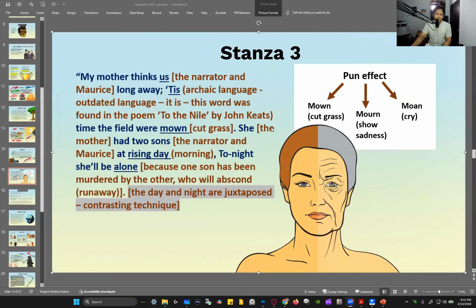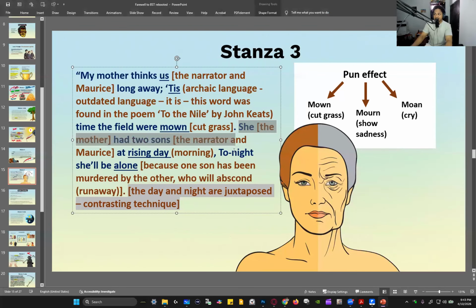But now Sadinsa told you the technique is juxtaposition, right? What do you mean by juxtaposition? You take two opposite things and you show how different they are. So in the morning, the mother had two sons. And then at night she will be alone. She had two sons at rising day. Tonight she'll be alone. Why will she be alone tonight?